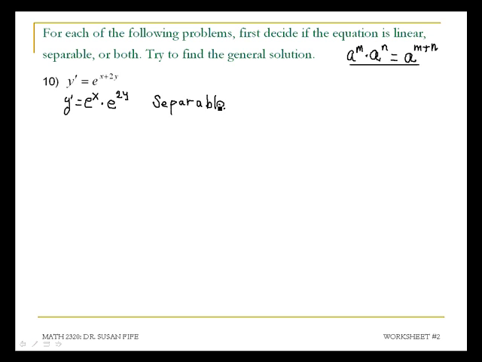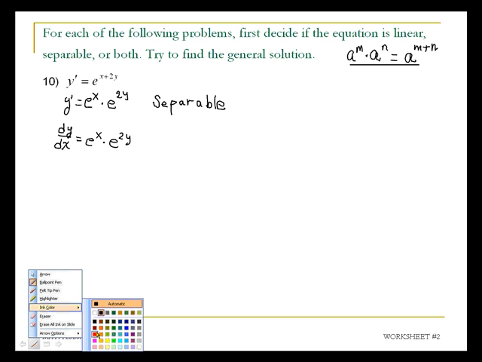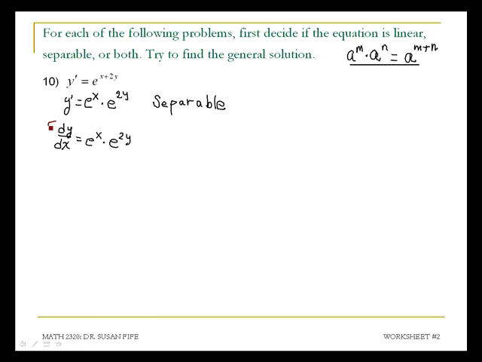Now, because the equation is separable, we want to rewrite this so that we have all the x terms on one side and all the y terms on the other side. I'm going to write this derivative as dy dx. I'm going to have to bring my x terms over to the right side to get the dx out of the denominator, so I'm going to multiply each side of the equation by dx.